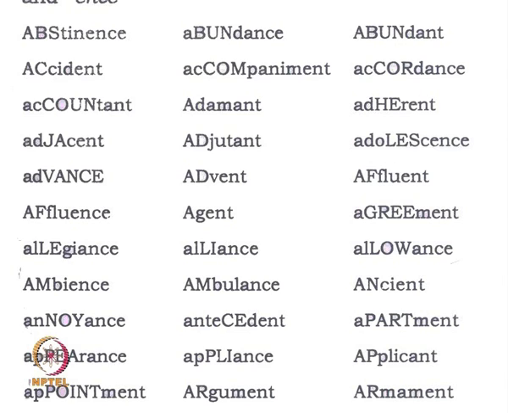Okay, next. Alliance, allowance, ambience, ambulance, ancient. Okay, thank you. Next. Who would like to take over? Come on, please.